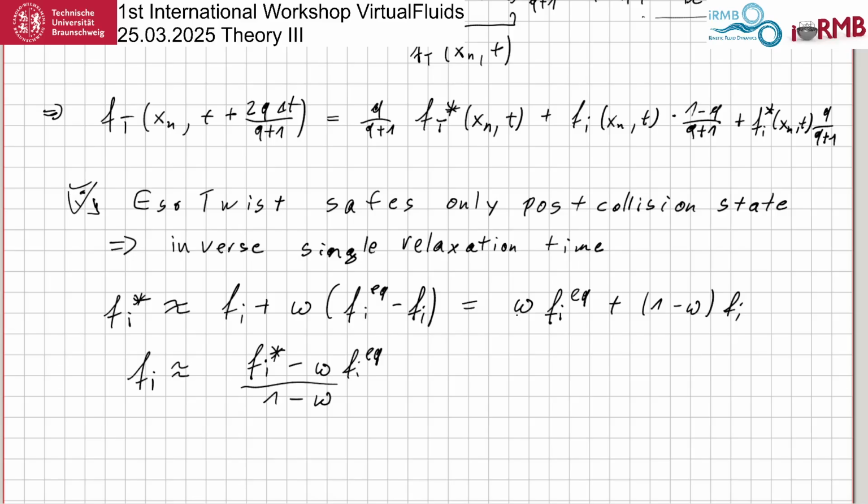Now, you notice that the guys who do high viscosity things would hate this, because high viscosity would mean that omega gets close to 1, and then this doesn't work.